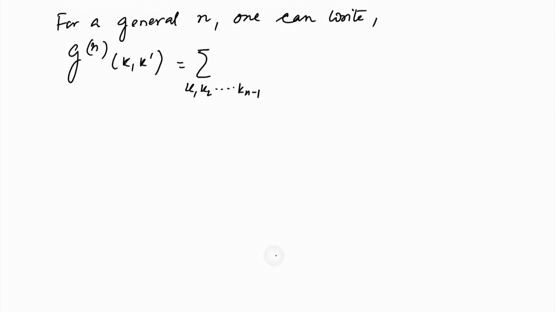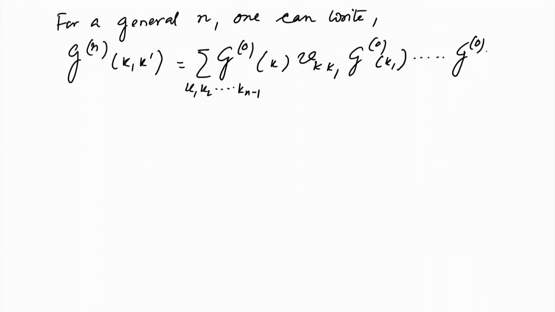These are all summed over, and there is a g 0 k, then a v k k 1 g 0 k 1, going all the way up to g 0 k n minus 1 v k n minus 1 k prime, and now you have a g 0 k prime.